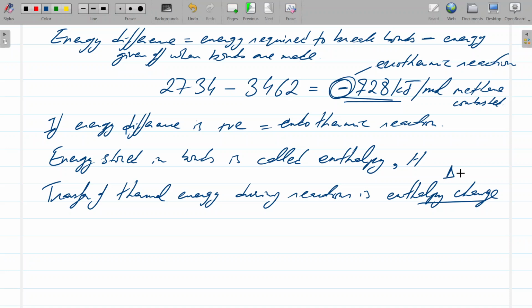This triangle is called delta, which means change, and H for enthalpy. So delta H. I'm almost done.